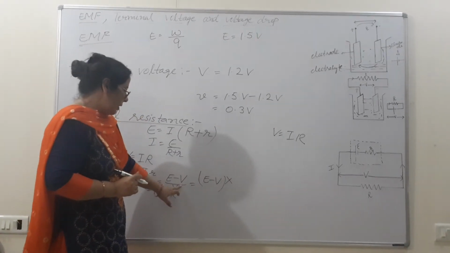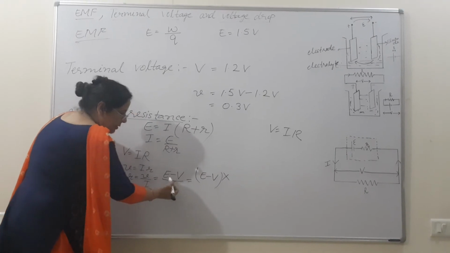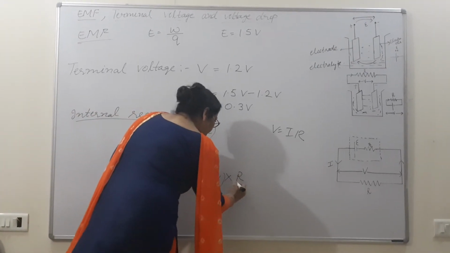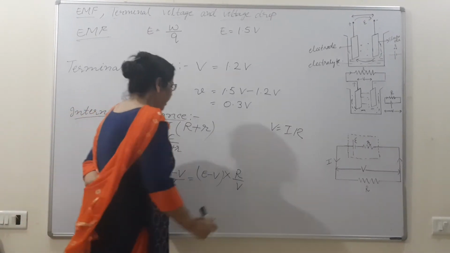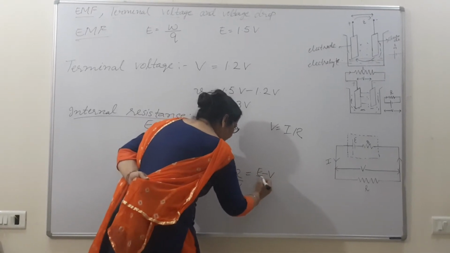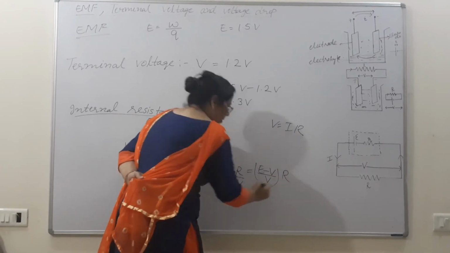When the division sign is changed to multiplication, this value will get reciprocated. So it will become R over V. Then the next step is E minus V divided by V into R.